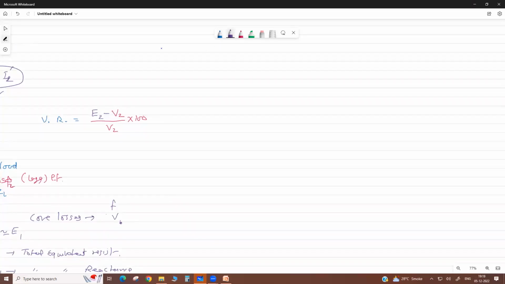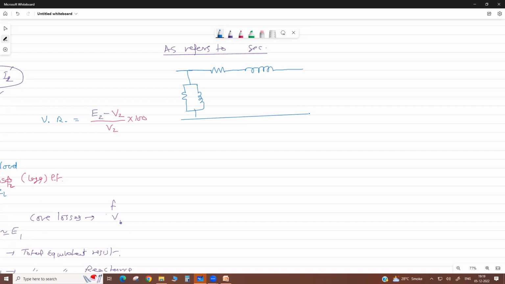Now, if we draw the equivalent circuit as referred to the secondary side, this is your secondary total resistance and total reactance, and here is your magnetizing branch. You know what the voltage here is: E2, correct?